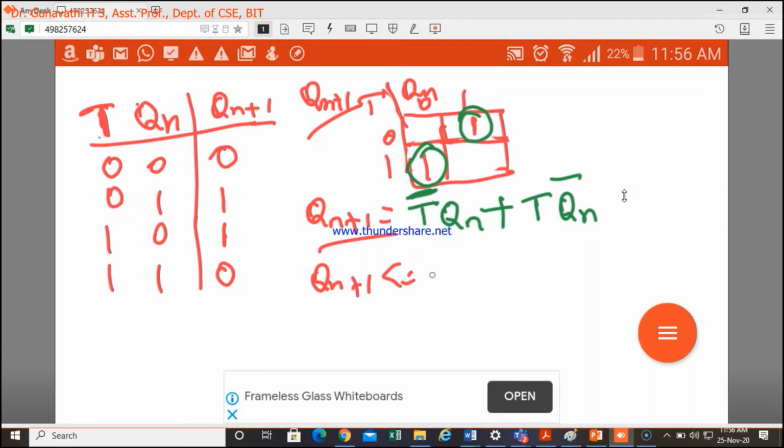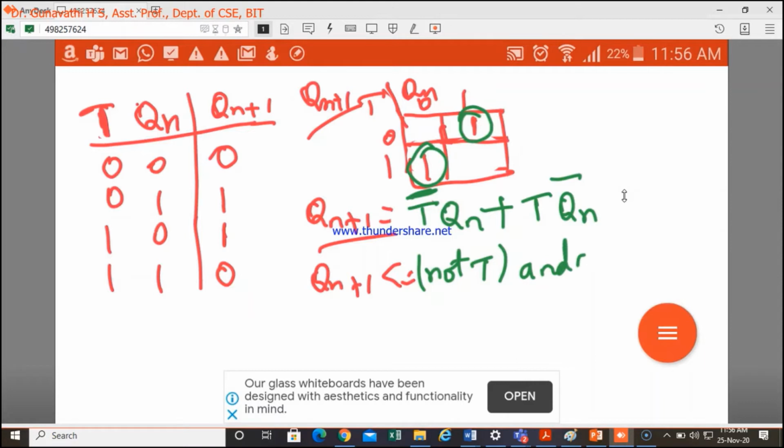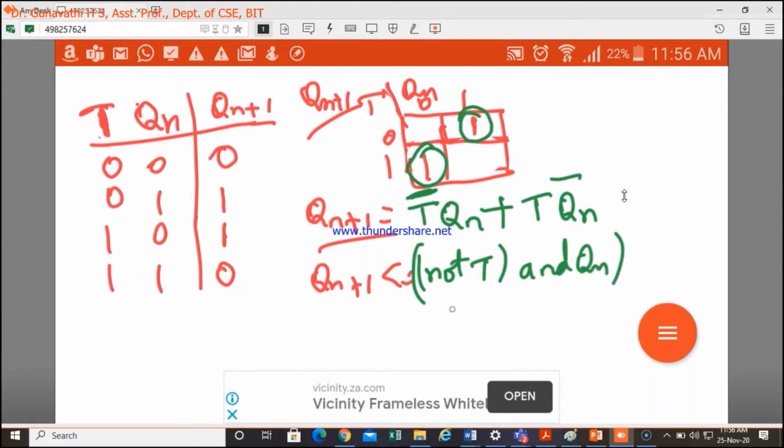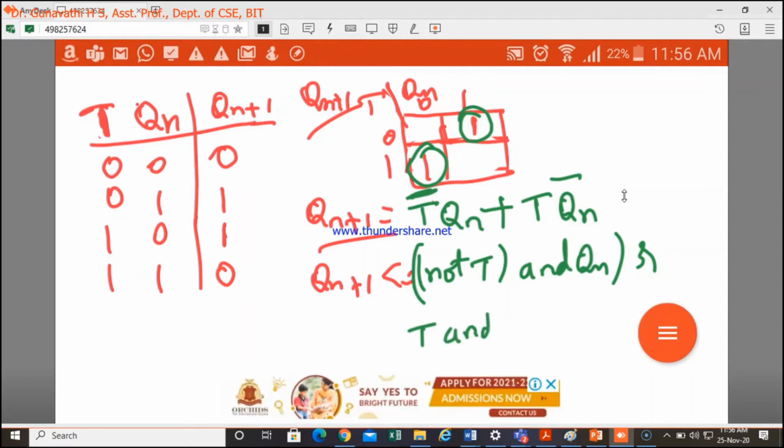So write the VHDL code for this: not T and Qn, or with T and not Qn. This is the VHDL code for the T flip-flop. So in this you can observe the characteristic equation. This equation is important.